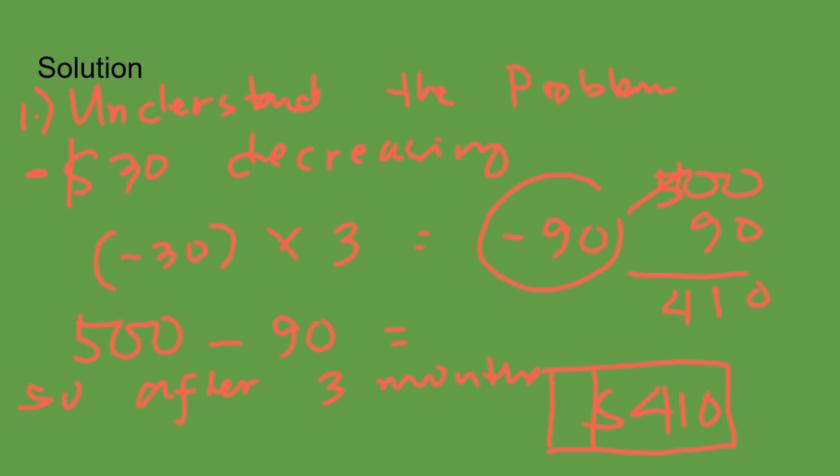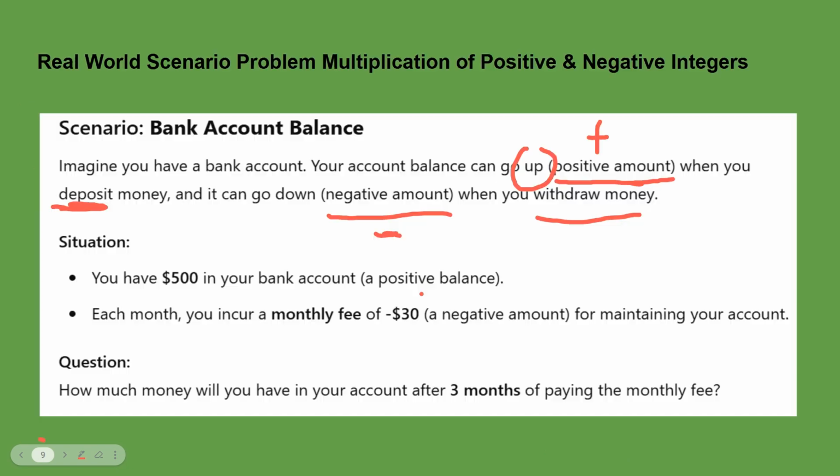So we multiply negative 30 by 3 months, and we have negative 90, and then we subtract that from our bank account money, which is 500.